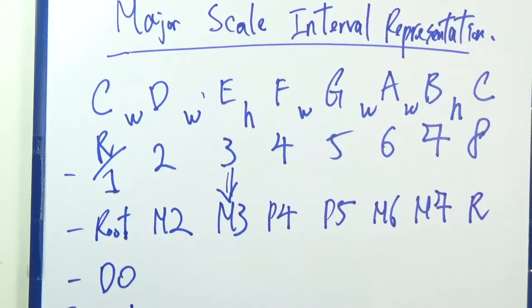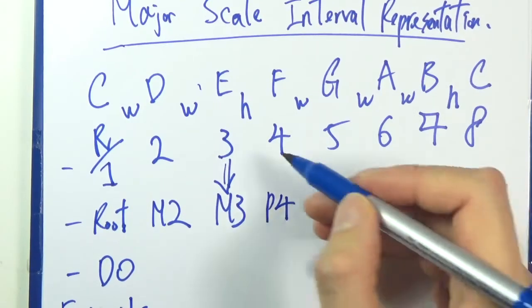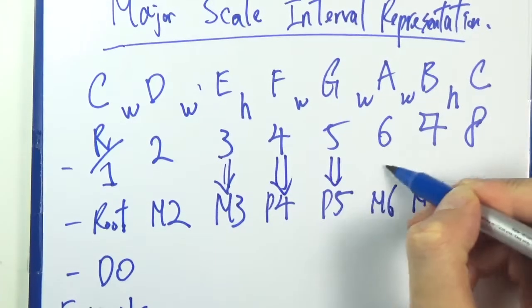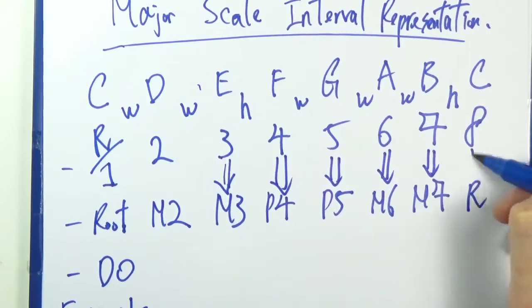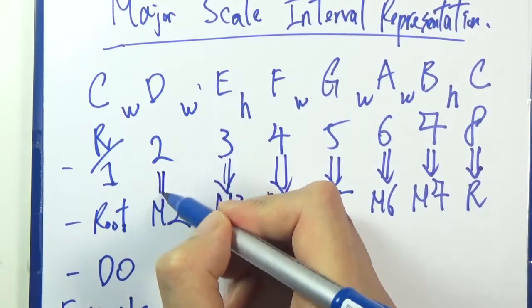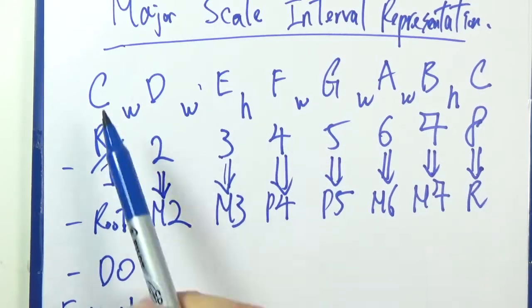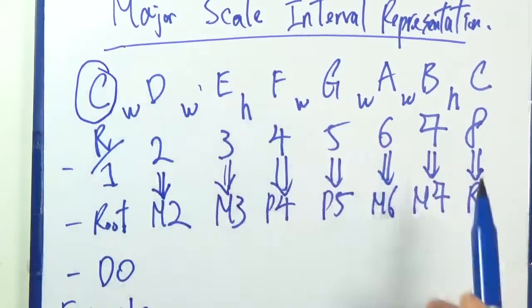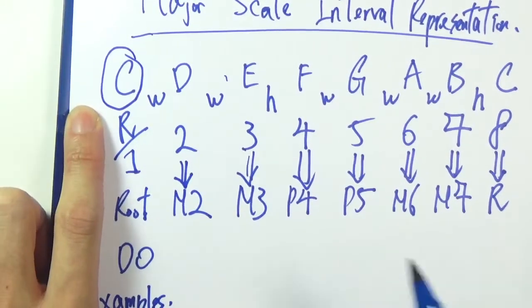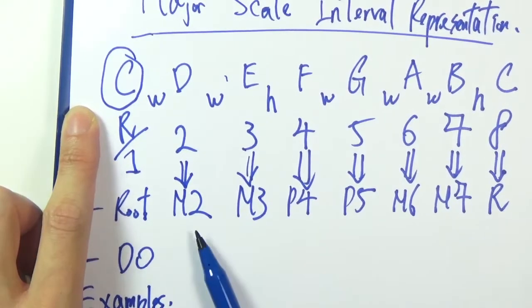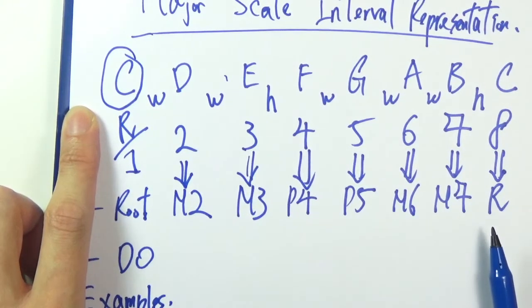I'm just going to write down root here. So you see we are representing these notes as intervals with respect to the root, the starting note. With respect to C, these notes would be these intervals. Hope they make sense.